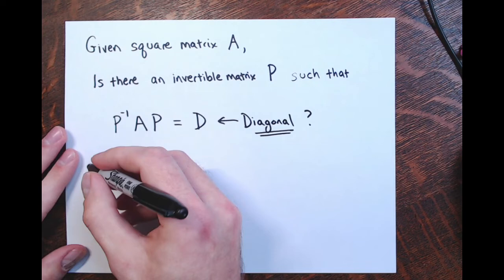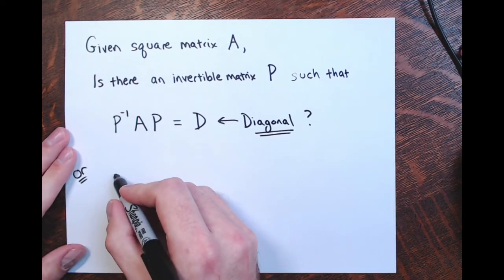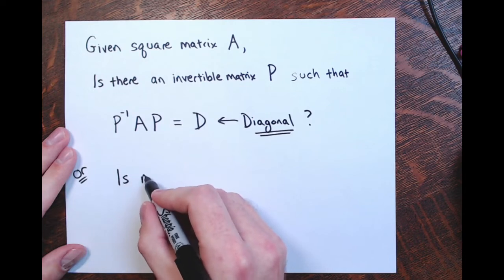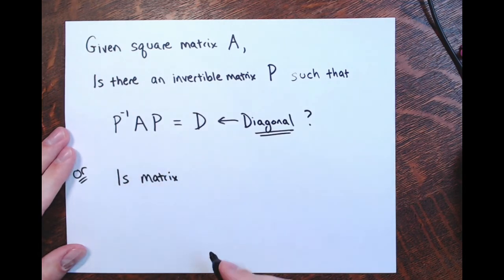In other words, is matrix A similar to a diagonal matrix?